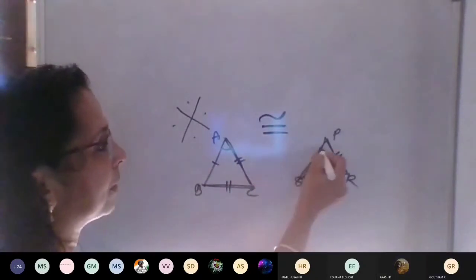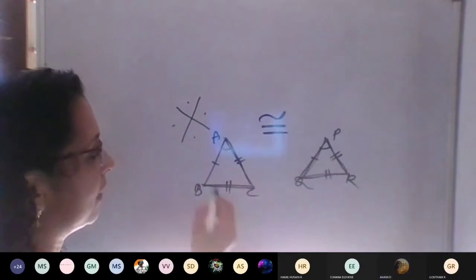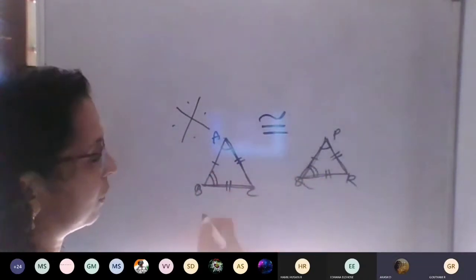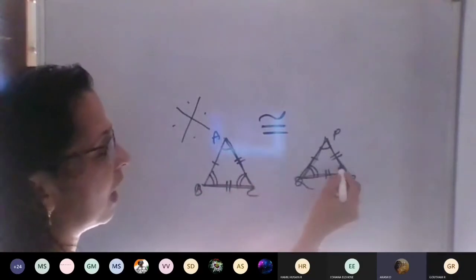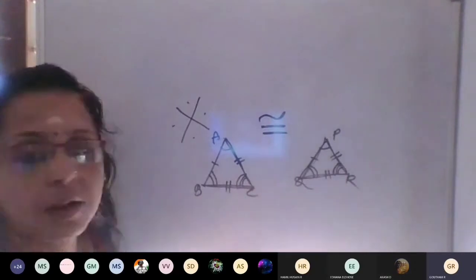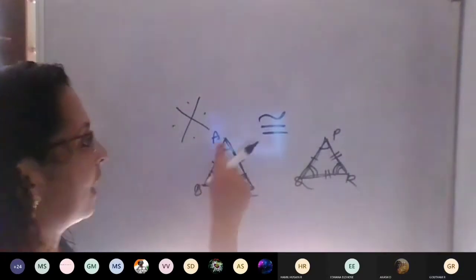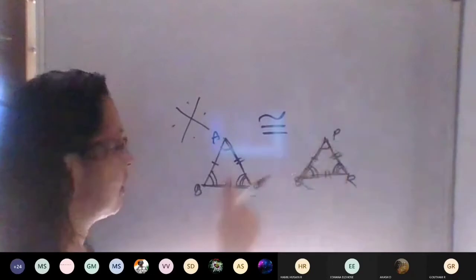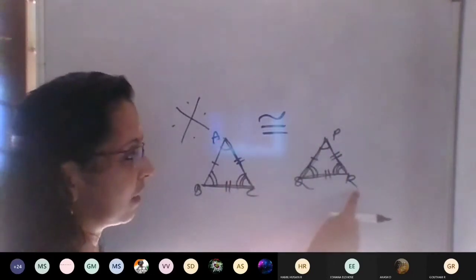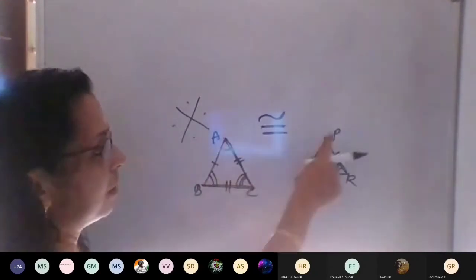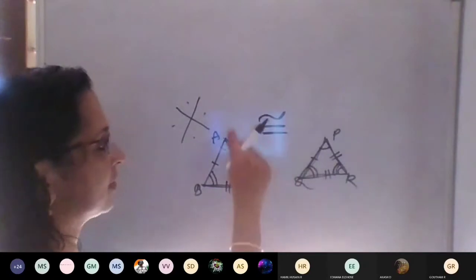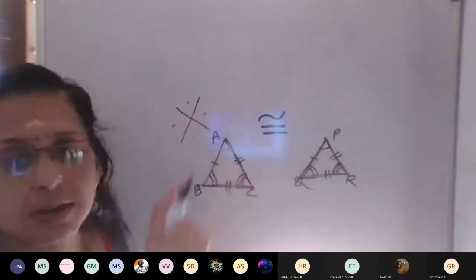Angle P. Then angle B corresponds to angle Q. Then angle C is corresponding to angle R. So angle A and angle P are corresponding angles. Angle B and angle Q are corresponding angles. Angle C and angle R are corresponding angles. Then AB and PQ are the corresponding sides. BC and QR are the corresponding sides. AC and PR are the corresponding sides.